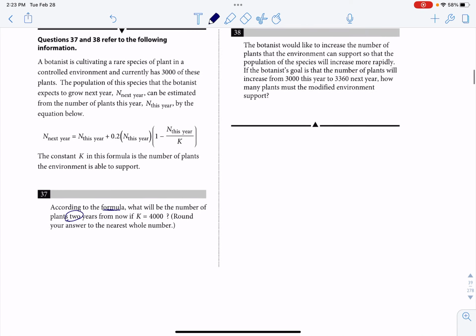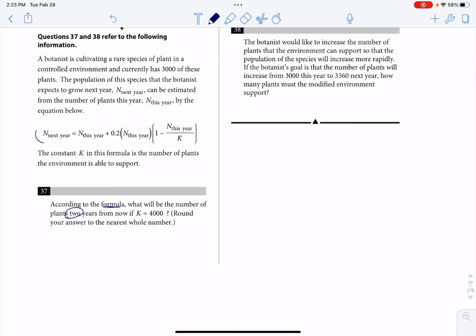So if we look at this formula here, the number of plants next year will be this year's plants plus 0.2 times this year's plants, times parentheses 1 minus this year's plants divided by K. So you can find the number of plants next year using this year's plants. This year's plants was 3,000.